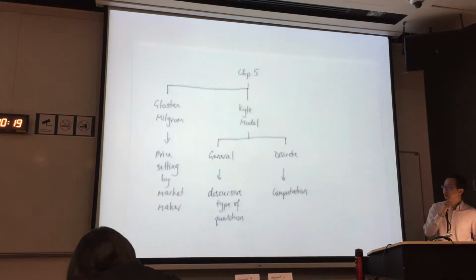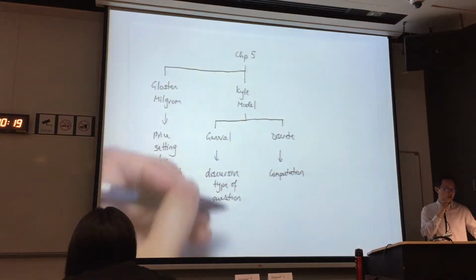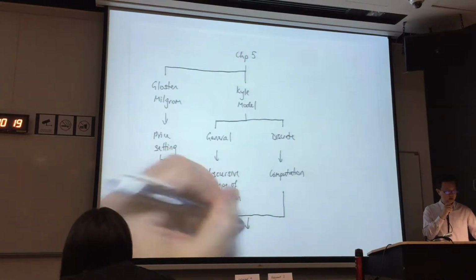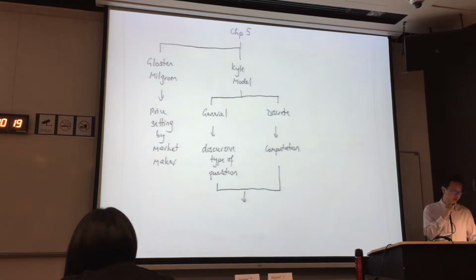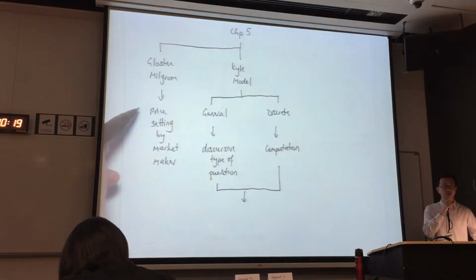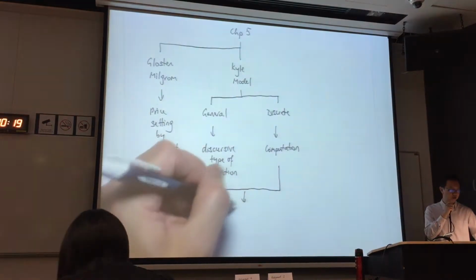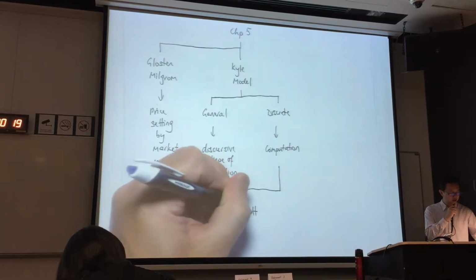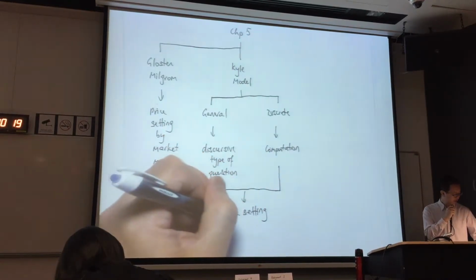But whether we are looking at the general or discrete model of this Kyle model, what is the key objective? The key objective, as I said, is an alternative to Glosten-Milgrom. So it's also looking at price setting by market maker.